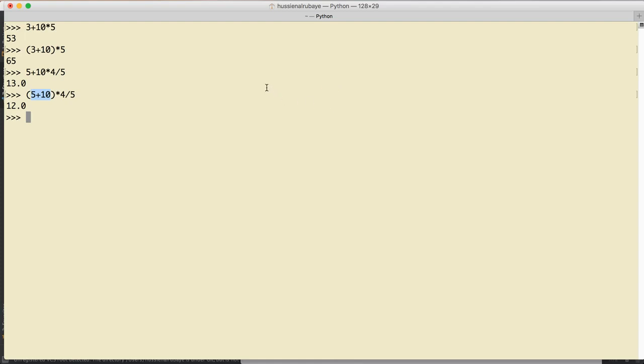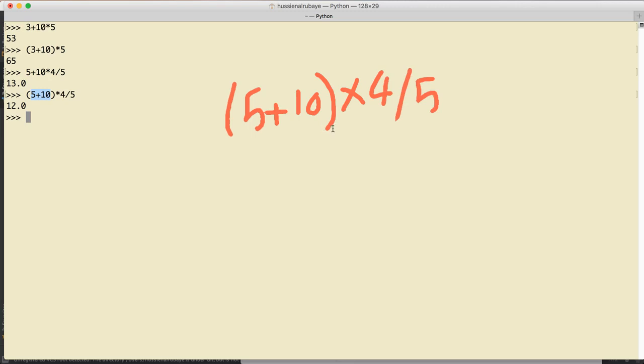So if I have 5 plus 10 between brackets, then multiplied by 4 divided by 5. As in math, the bracket will be run first. So 5 plus 10 is 15, multiplied by 4, divided by 5. Now it goes from left to right. It compares two operations, multiplication and division.